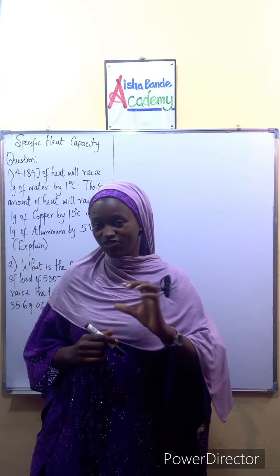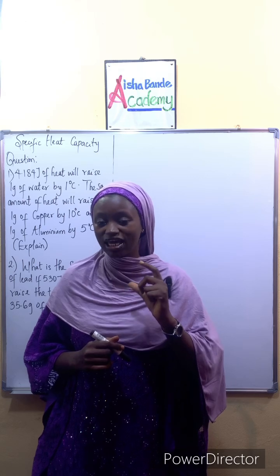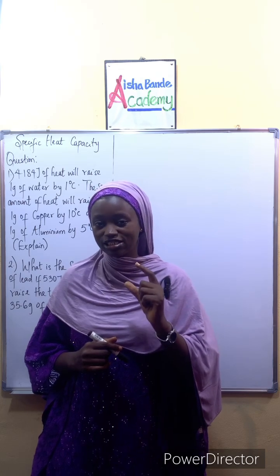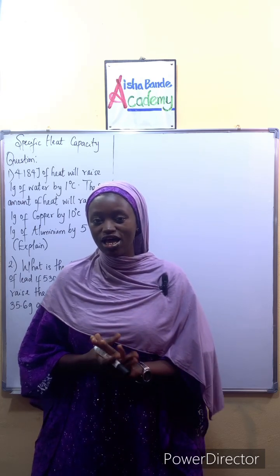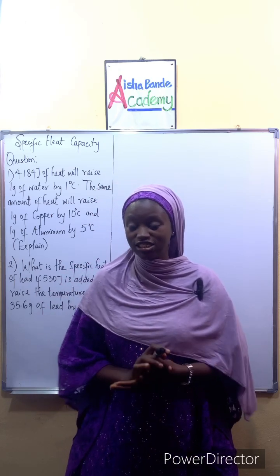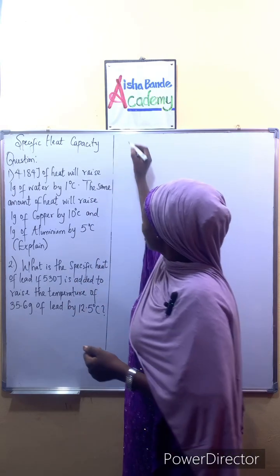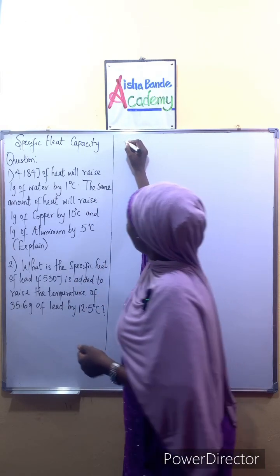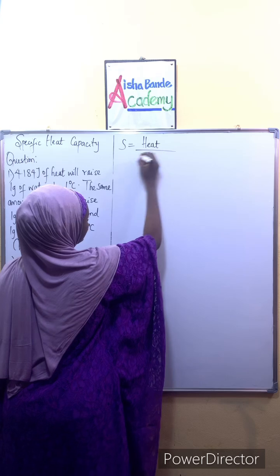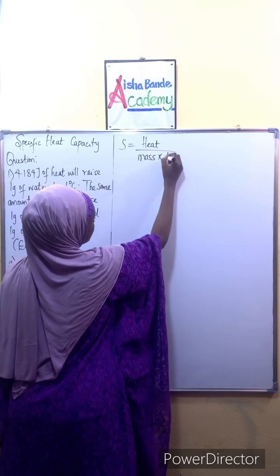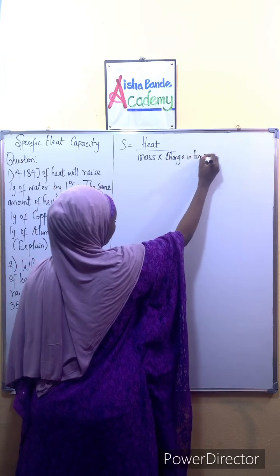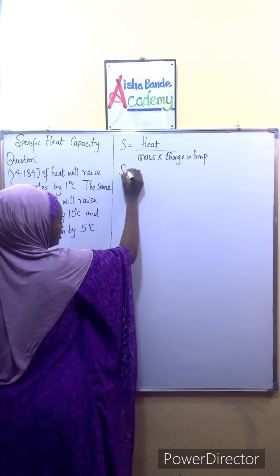Mathematically, specific heat is the amount of heat that is needed to raise the temperature of 1 gram of a substance by 1 degree Celsius. The mathematical formula of specific heat is given as S is equal to heat divided by mass times the change in temperature.